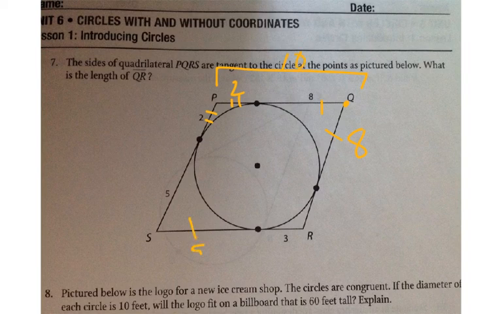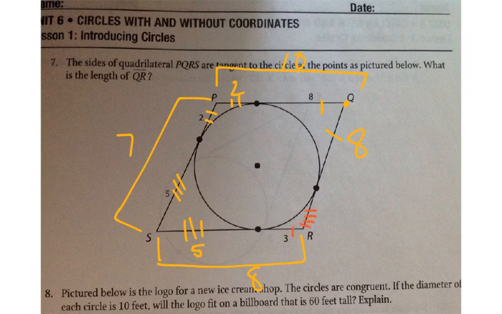Those are congruent, so that would be 5. So this side would be 7. This side would be 8. And so this side would be congruent to this side, so that would be 3. So we'd get 11. So QR is 11.